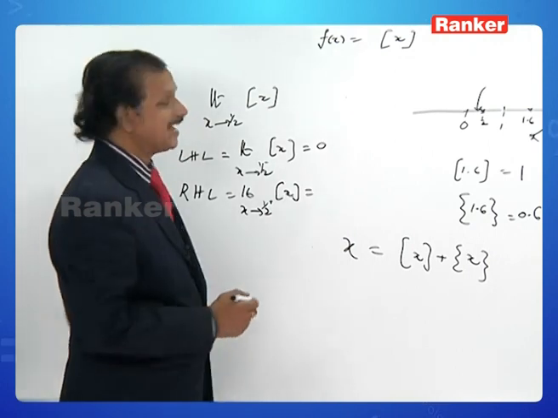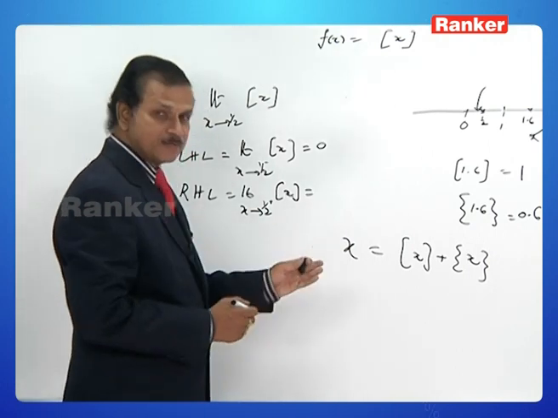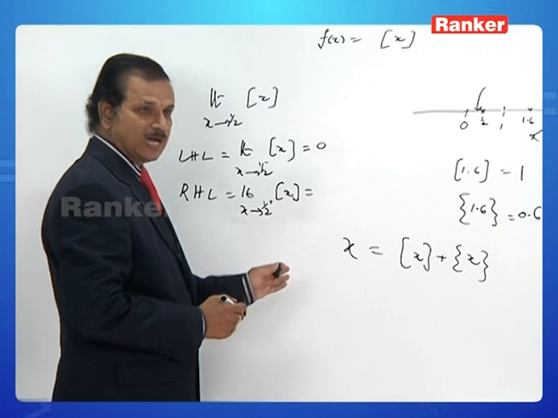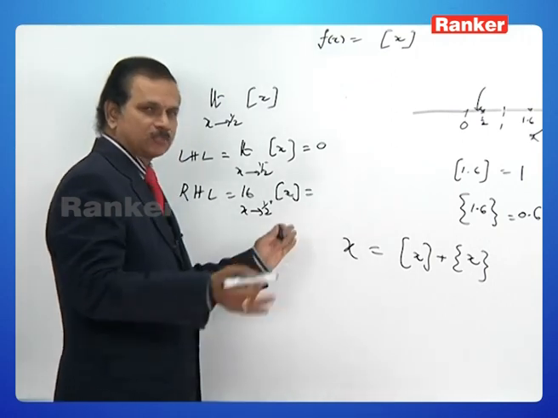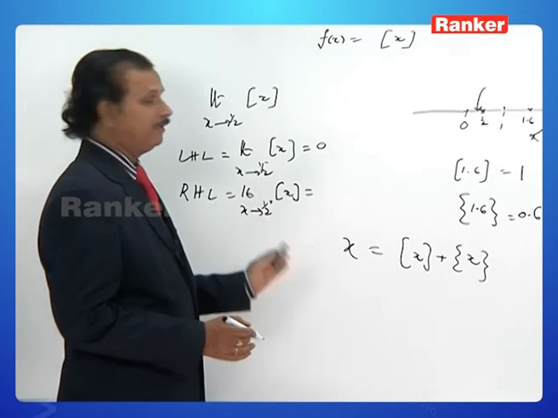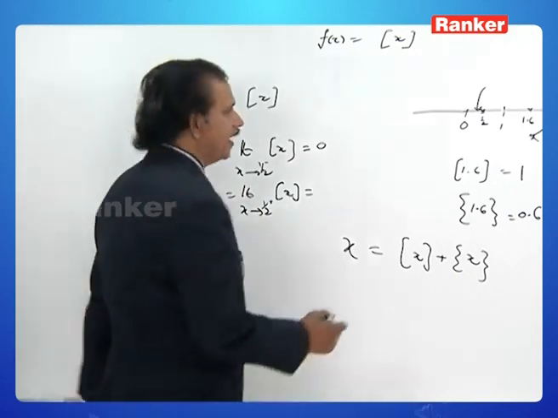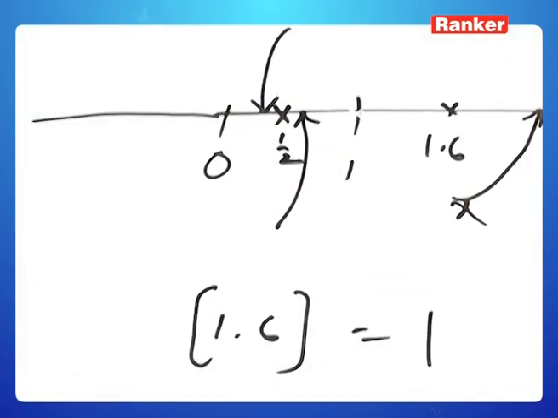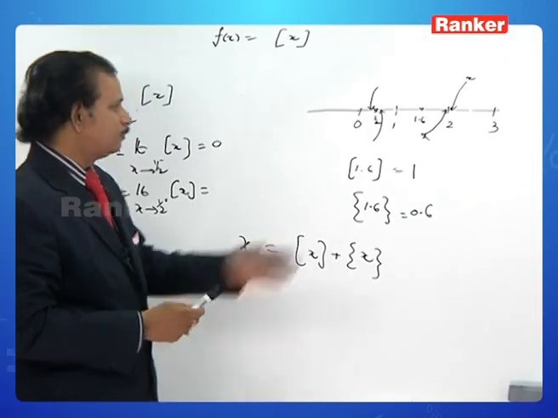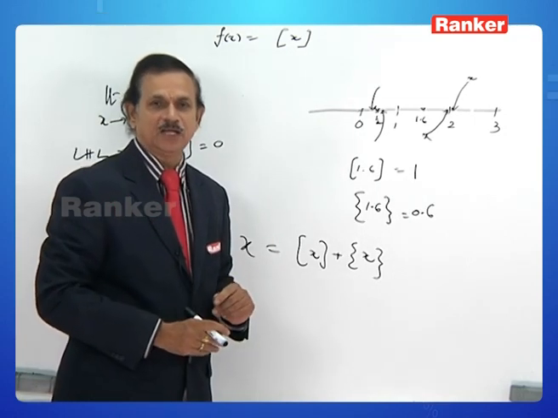What about the right hand limit? Right hand limit means x tends to half from the right side. That is, it is supposed to lie to the right of half, meaning more than half. It may lie somewhere else here. The exact point is half, that is 0.5.